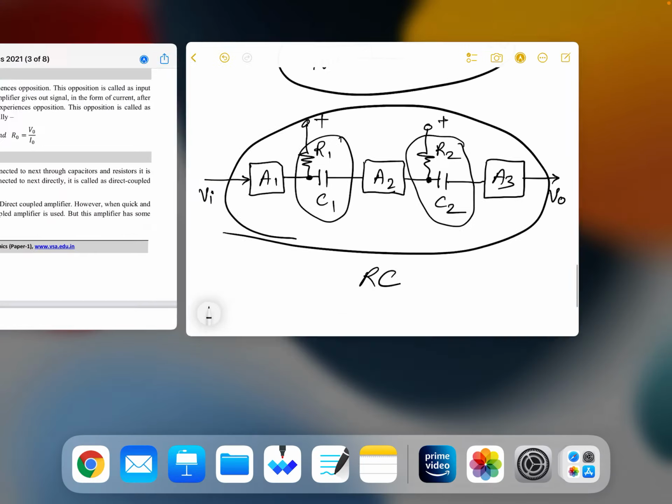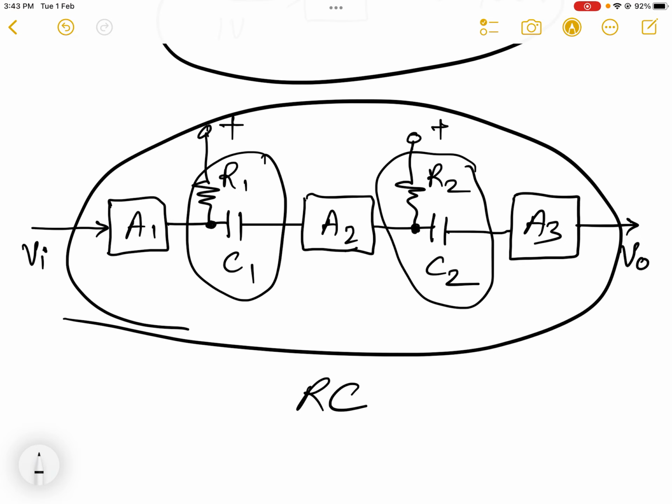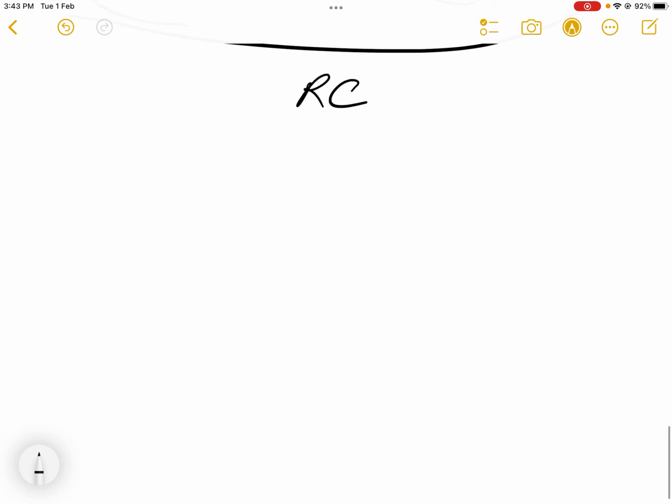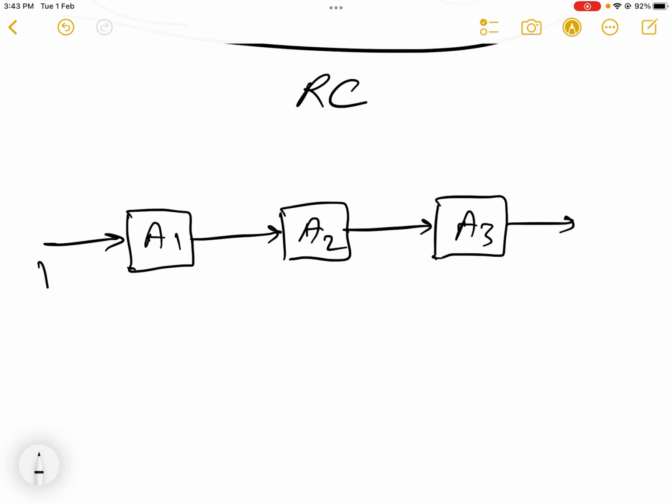And the second one is simple. The second one is like this. If I take again three amplifiers, A1, A2 and A3, and connect them directly to each other, here I apply input voltage, here I get the output voltage.